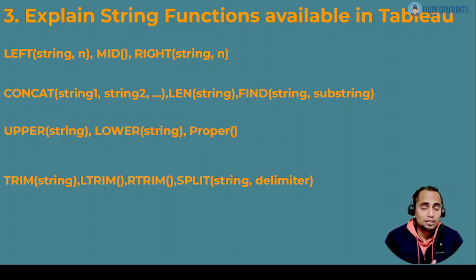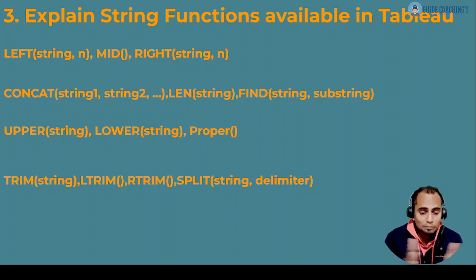Then we learnt about the trim function. So trimming basically works on the spaces. So if you have unnecessary spaces in the string, at that time you can use trim to trim out those spaces. For left, if you want to specifically trim out the left space, you will use left trim. If you want to trim out the right spaces, you will use R trim.